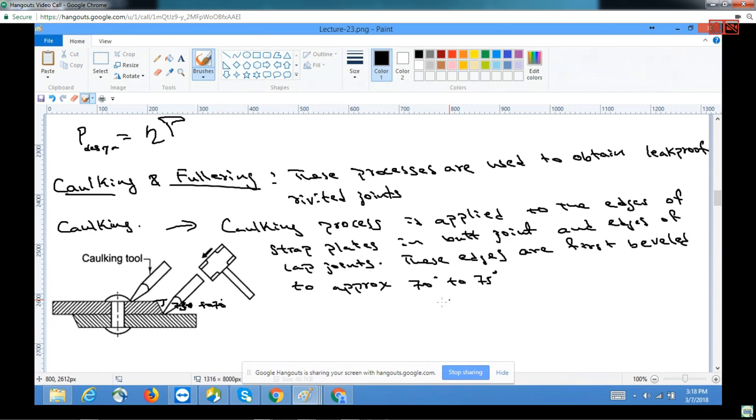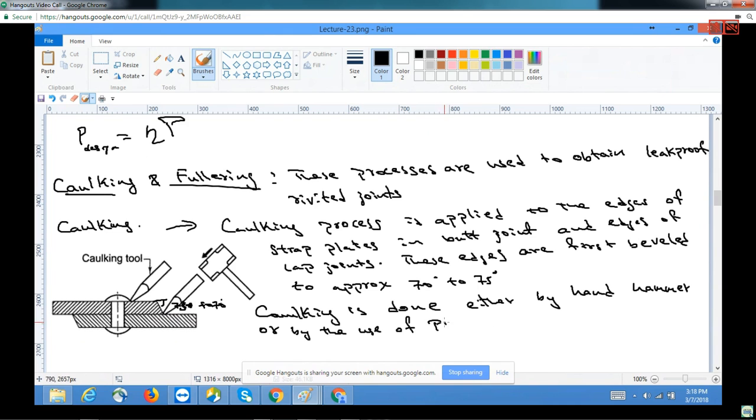And over that your caulking tool is applied either by hand hammer or by the use of a pneumatic or hydraulic hammer.